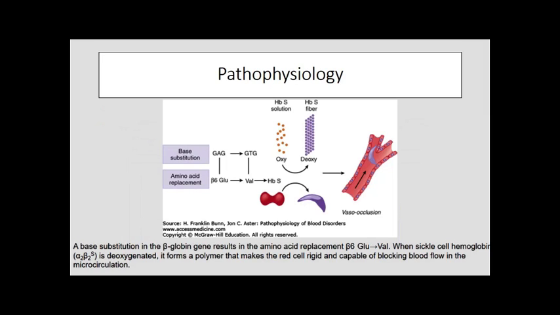This shows the substitution, okay, of the amino acids. There is an amino acid replacement in the protein, because of mutations in the DNA, and this will lead to the formation of hemoglobin S. This is the normal hemoglobin, and these are the fibers that are formed in the hemoglobin S when there is deoxygenation.